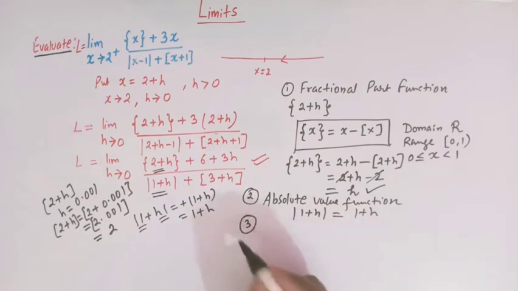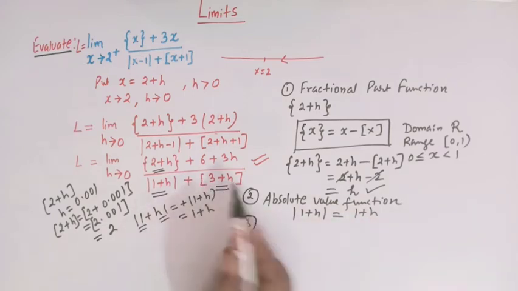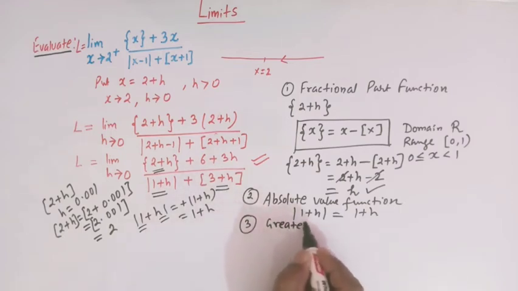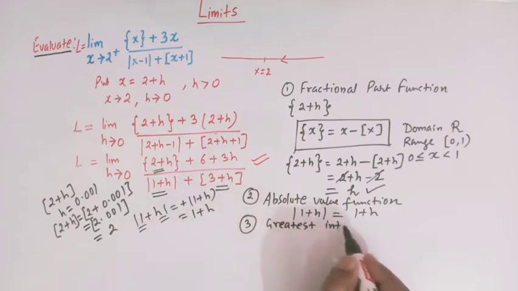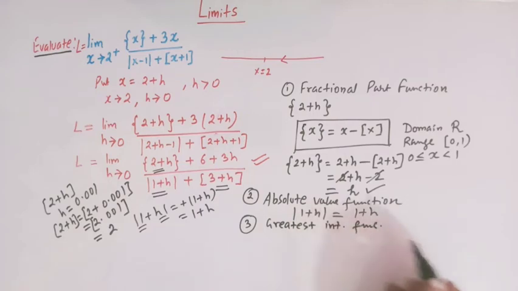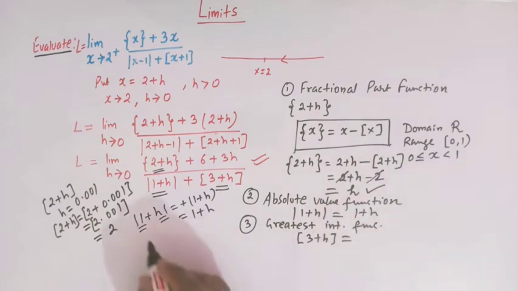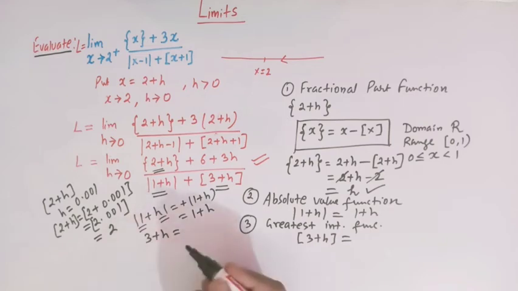Okay, now let us take this quantity. This is the greatest integer function, and here we have the greatest integer of 3 plus h, right? So again we can explain it on similar lines. We have 3 plus h. Now 3 is positive, h is also positive, right?